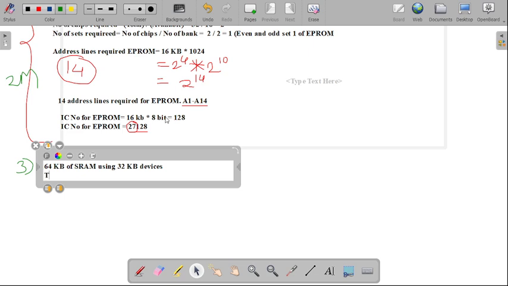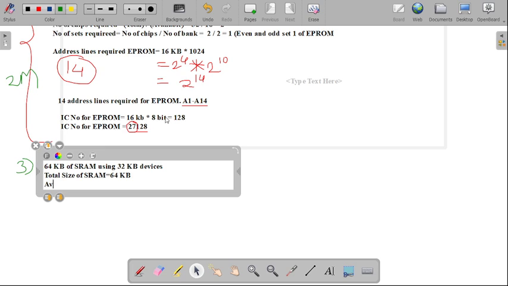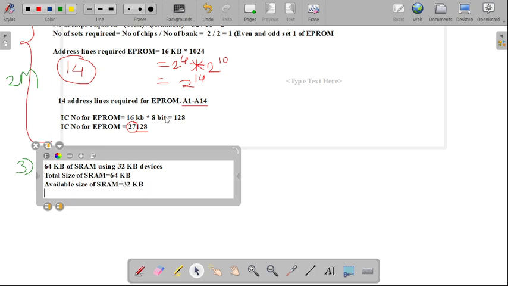First of all, I have to write the total size of our SRAM, which is 64 KB, and the available size of our SRAM is 32 KB. First of all, I have to find out the number of chips required.